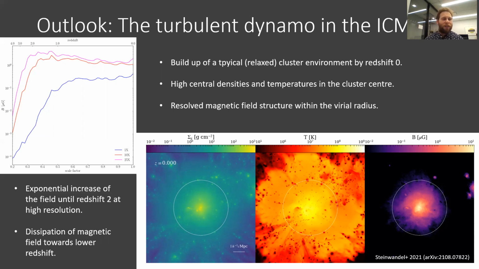And the interesting thing is that this happens in the 10x and the 25x case around redshift 2, after a couple of gigayears of evolution of this cluster. And this corresponds to an e-folding time of around 100 megayears, which is very consistent with the theory of the small-scale turbulent dynamo.